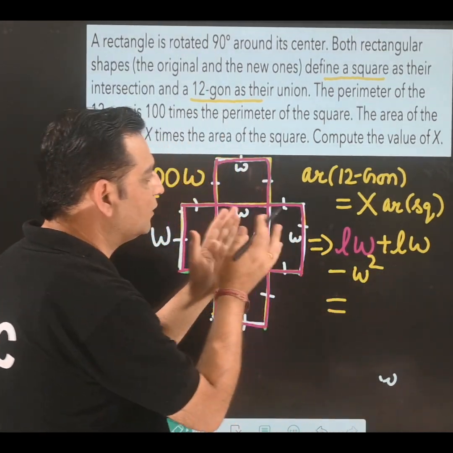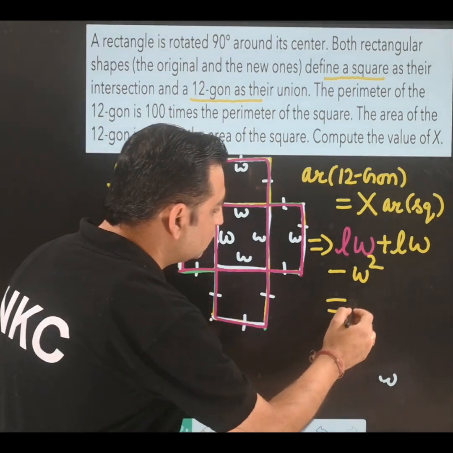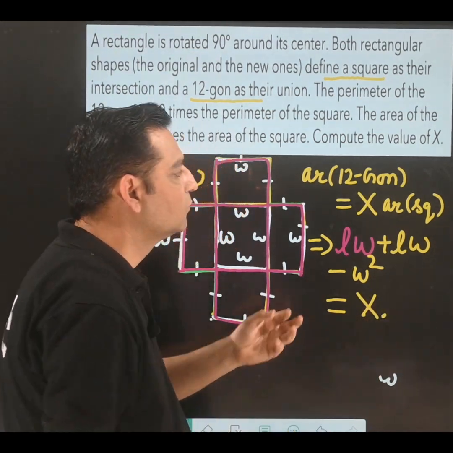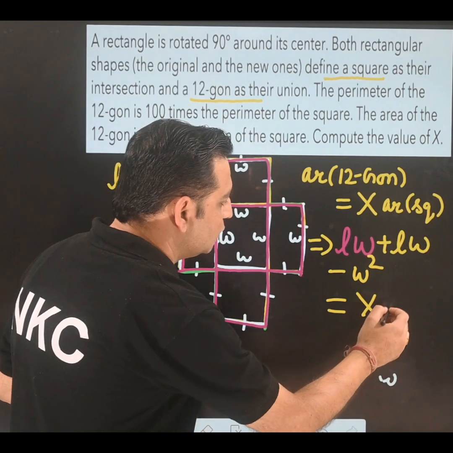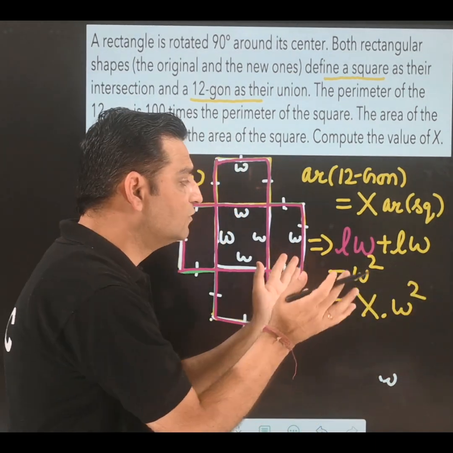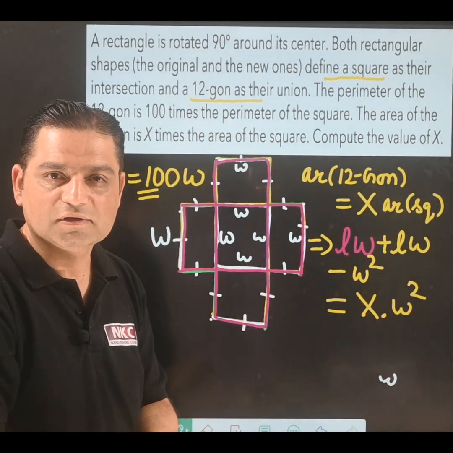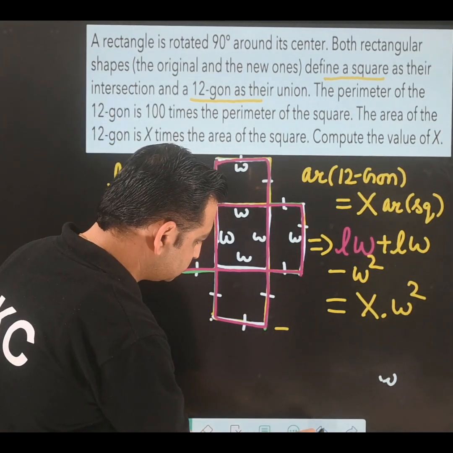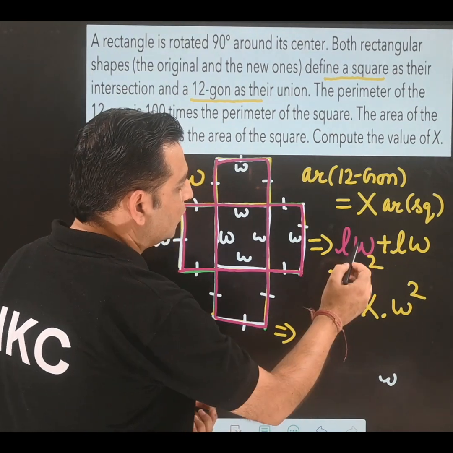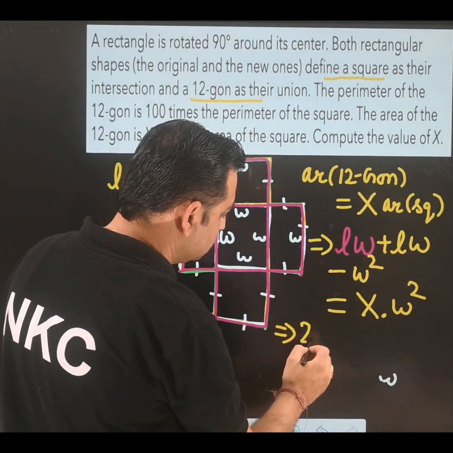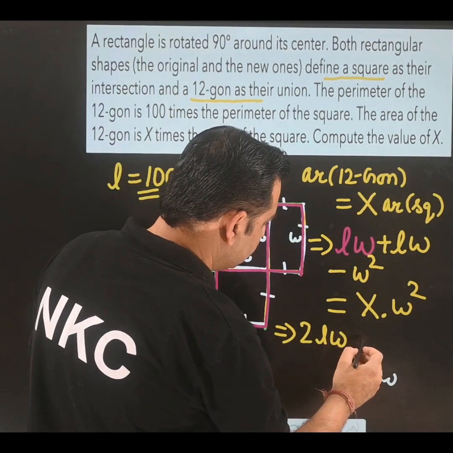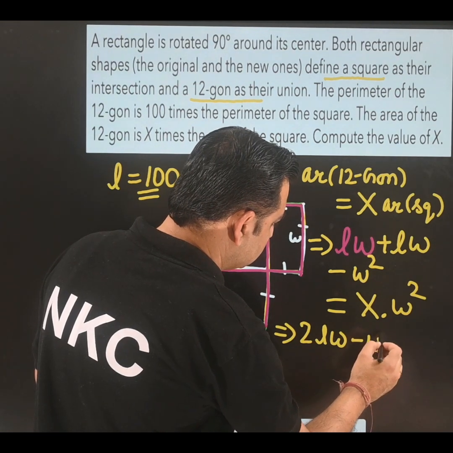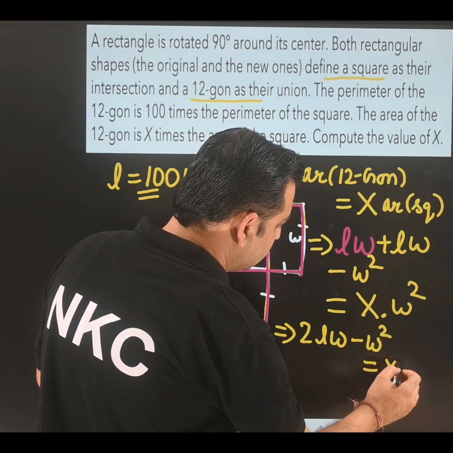So this is my left side, and it is equal to x times area of square, which is W square. This is the complete situation. I need to simplify it. LW plus LW is 2LW minus W square, it is equal to xW square.